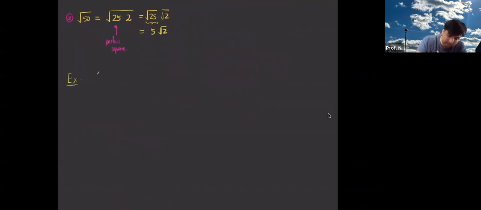If I have something like this, 2b square root of 12a cubed b minus a square root of 192ab cubed.